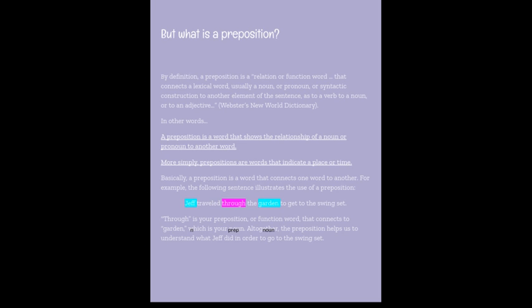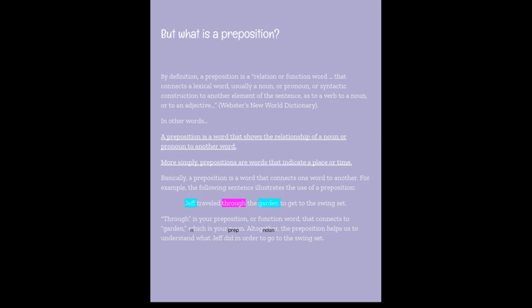For example, the following sentence illustrates the use of a preposition. Jeff traveled through the garden to get to the swing set. In this sentence, there are two prepositions that are connected to nouns, creating two prepositional phrases. Through and to are the prepositions in the sentence. Therefore, the two prepositional phrases are through the garden and to the swing set.